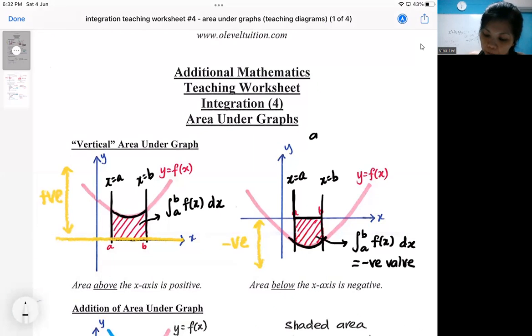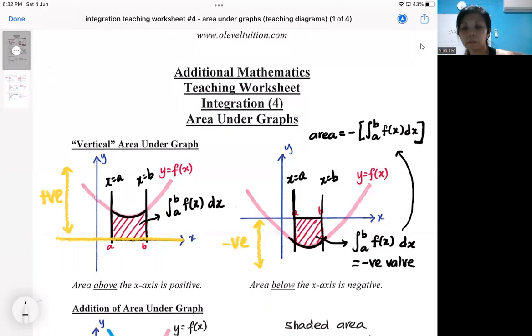Since our idea of area is positive, you have to introduce another negative to ensure that you get a positive value. A negative and a negative become a positive value.